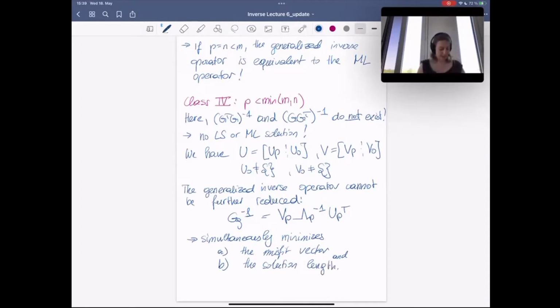And what we additionally can say here is that the solution is not unique and the data is not fit exactly.